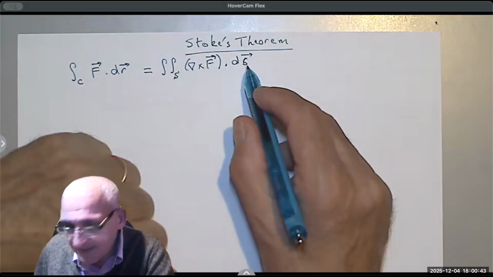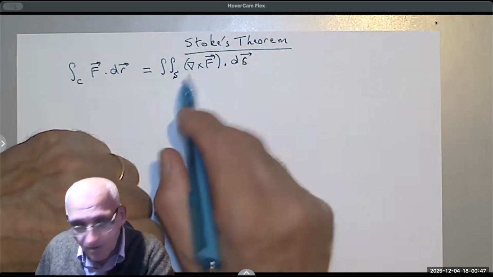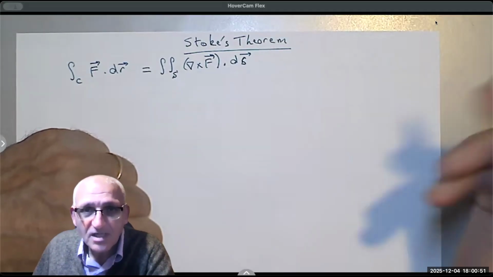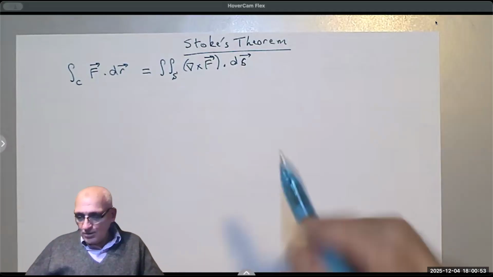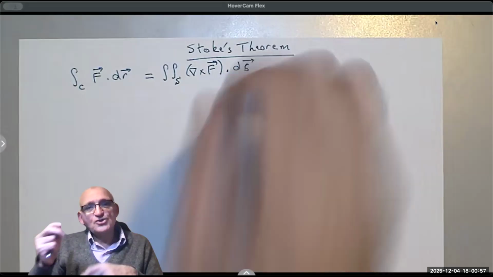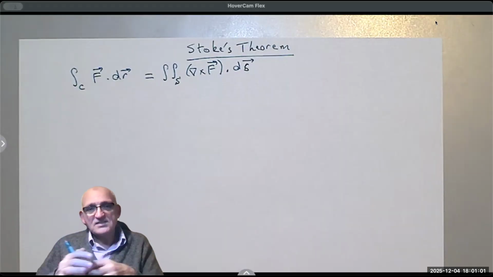So the idea is that we will have a surface that we will need to parameterize. We are going to get the curl of f, which is easy, and then perform a dot product. Because when I say dot dS, remember what we did. We took two directions, u and v, or even x and y, it doesn't matter.